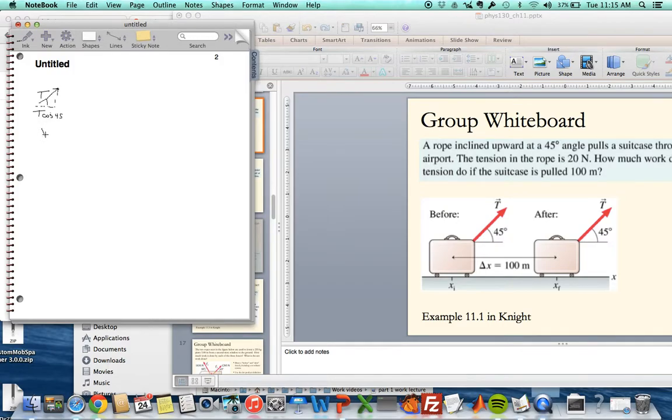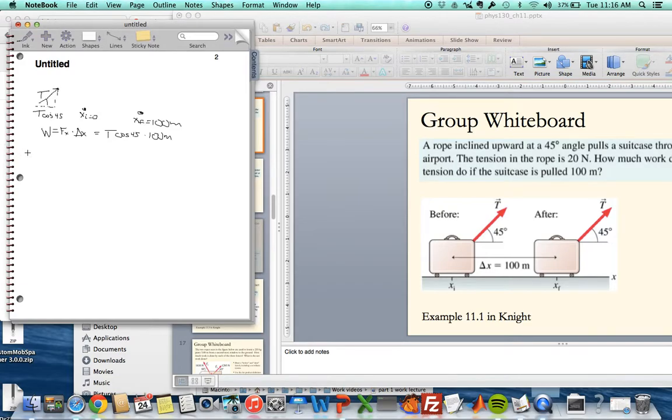I know my work is going to be F in the x direction times delta x. My object has moved from this location to this location, and x initial is 0, and our x final is going to be 100 meters. So here I want Fx, and my Fx is going to be equal to T cosine of 45, times my delta x of 100 meters.